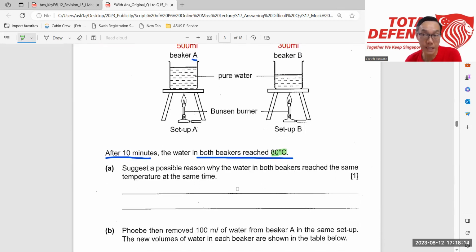So they ask you to suggest. Suggest means there can be more than one possible answer. Suggest why.